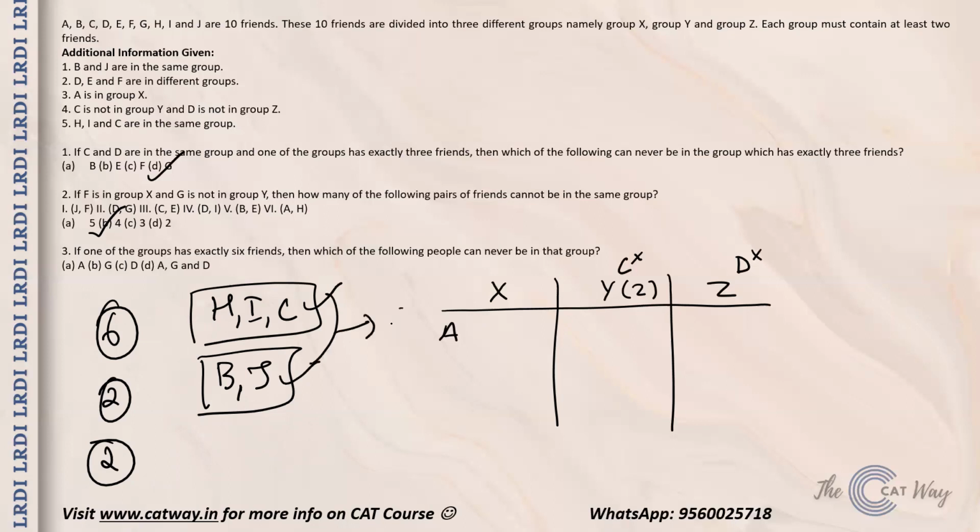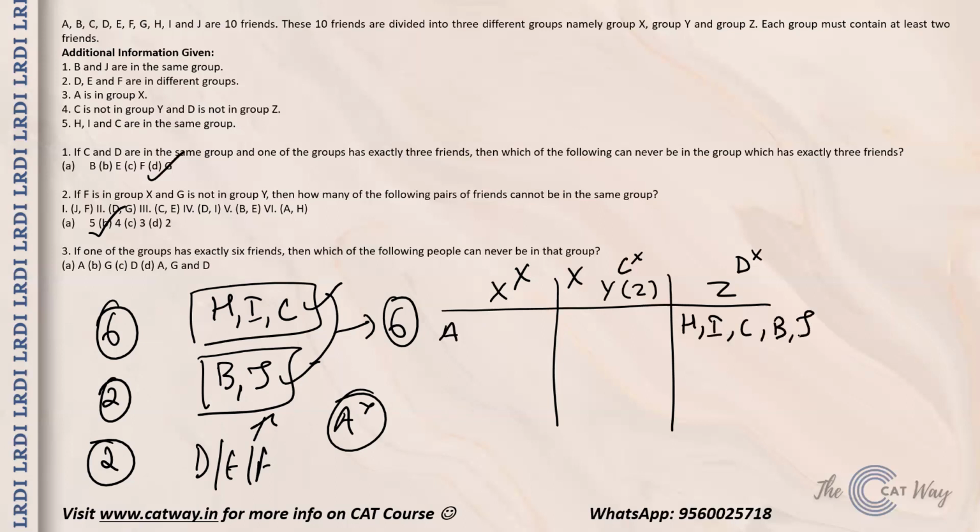So the team of 6 members will have 5 members being these 5. Apart from that, between D, E and F, one of them will be a part of the group. Now if you see, guys, A is never going to be a part of this group, so the 6-member group is not X. Similarly, C is a part of that group, so that group is never going to be Y. So the only possibility is group Z. And if you have group Z, then D is also not a possible option.